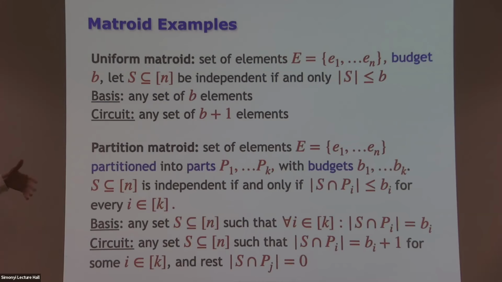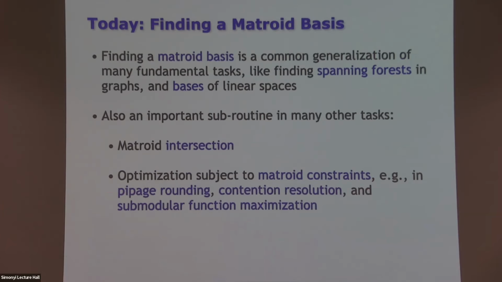Again, you can also extend this to partition matroids. A basis would be any set which exactly meets the budget in each one of your pieces, and a circuit would mean that you exceed the budget by one in exactly one piece. So hopefully I've given you some intuition for what matroids look like, and so I can tell you what I'm going to talk about today, which is the task of finding a matroid basis.